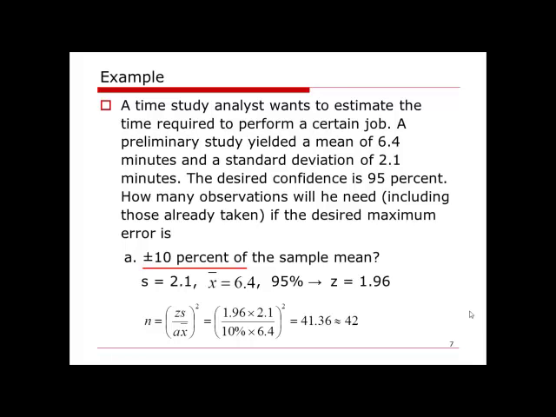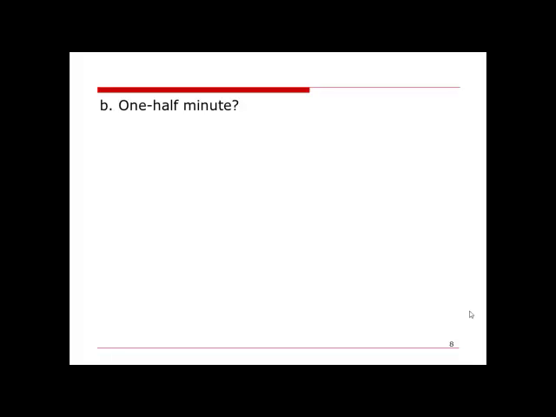For all these sample size problems, the final result should always be rounded up. So we need to have 42 observations.